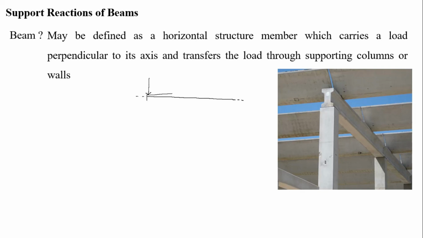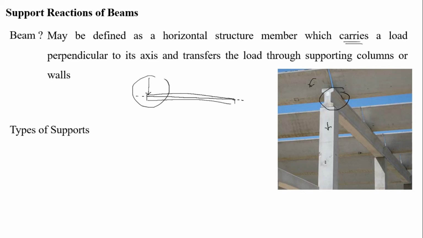This is the beam, and the axis of the beam is horizontal. That horizontal structural member carries a load perpendicular to the axis and transfers the loads from the ceiling to the columns through the beams.